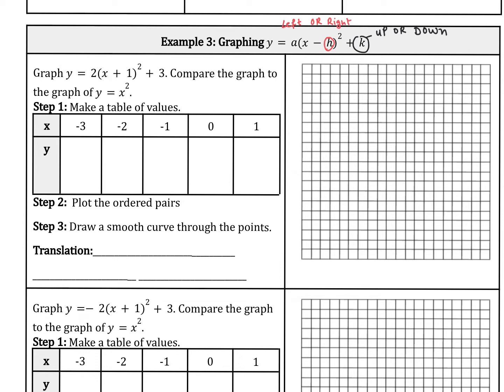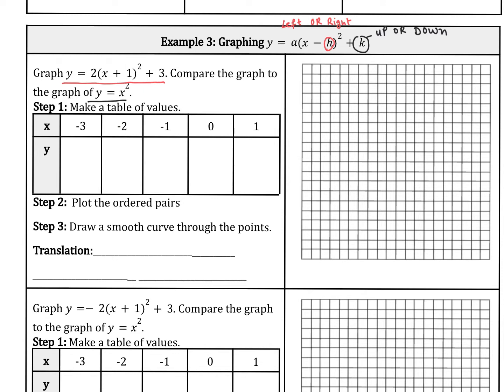The graph you're going to make is y equals 2 times (x plus 1) squared plus 3. And then the original graph is given as y equals x squared.